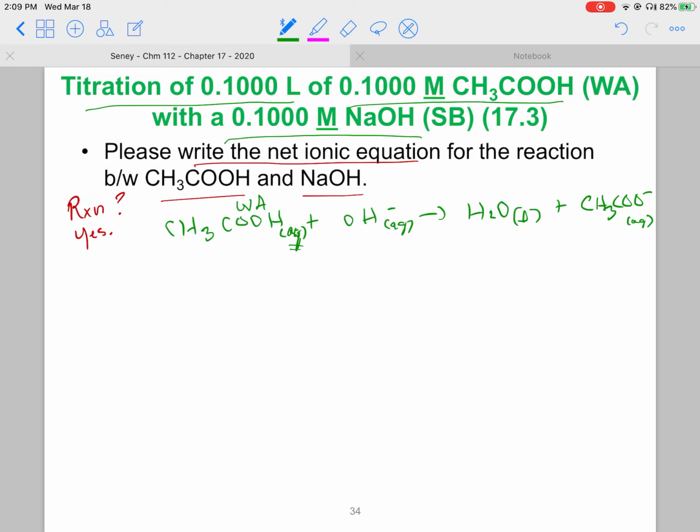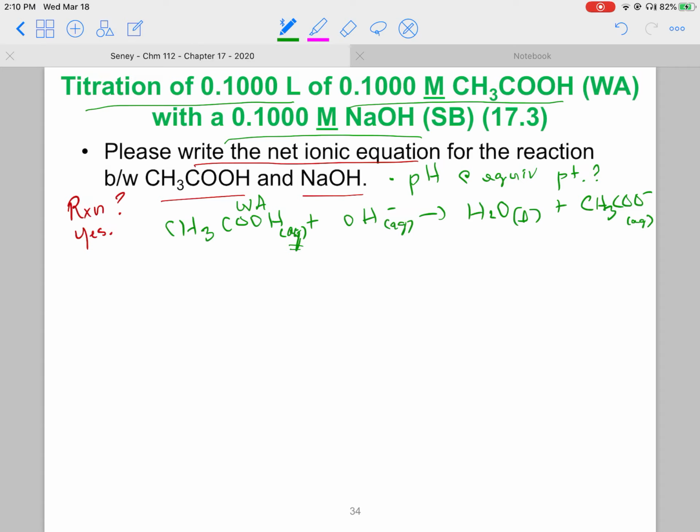The next part is we've got to figure out what's the pH at equivalence. So let's put a second thing. How do we get to the pH at the equivalence point? Well, we know from the previous video that the pH at equivalence of a weak acid and strong base should be greater than 7. So let's see what we find out.